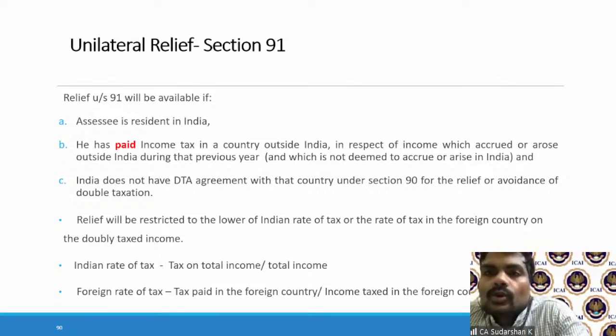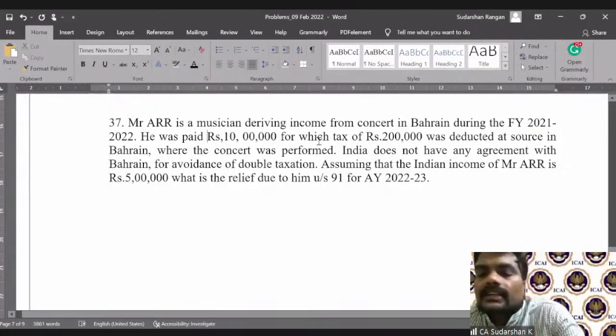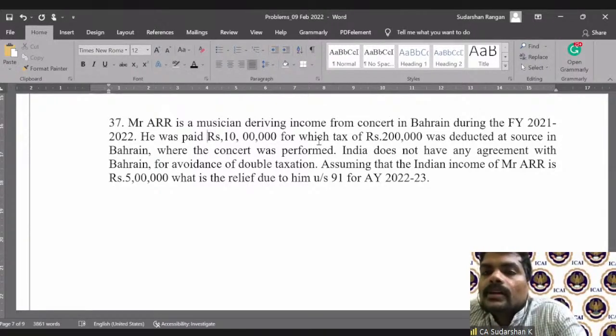If you look at the question, in Bahrain it looks like they have withheld a flat 20% on a gross basis. Normally, this is called the nominal tax rate. When it is done on a gross basis, similar to what we do in 115A and 115BBA, these are called the nominal basis.